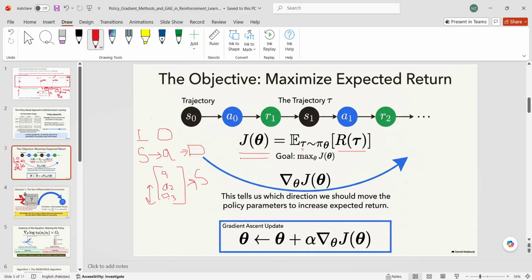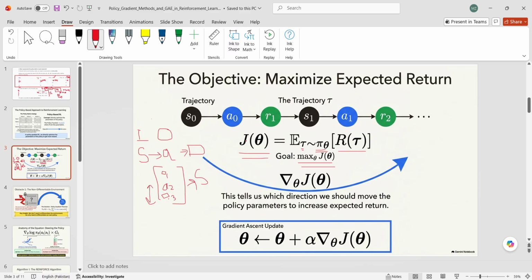So this equation reads that the expected return we get for this trajectory tau under the policy pi of theta, where theta represents the weights of the neural network. And what is our goal? Our goal is gradient ascent. We want to maximize this J of theta. When J of theta is maximized, we will say that the neural network has succeeded in approximating this policy towards its optimal condition.